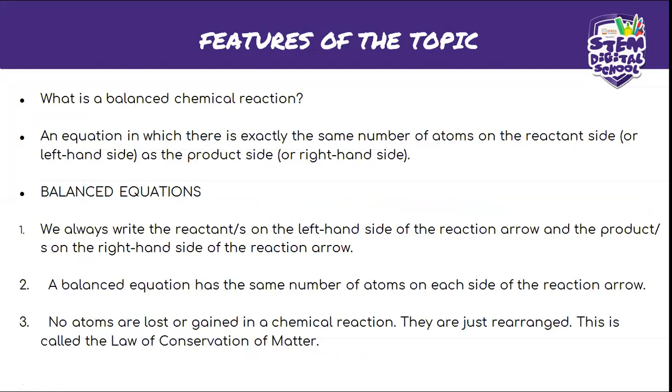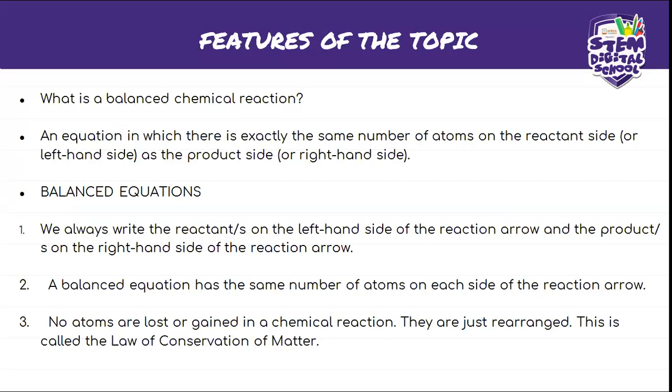All right. Then we also spoke about balancing of equations, and we said what is a balanced chemical reaction. An equation in which there is exactly the same number of atoms on the reactant side, or left-hand side, as the product side, or right-hand side.